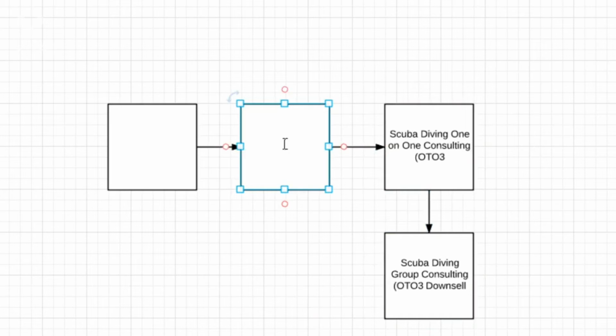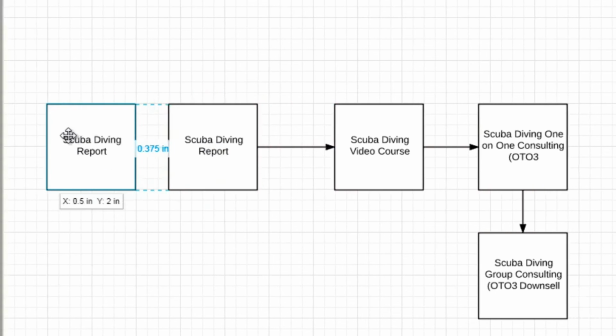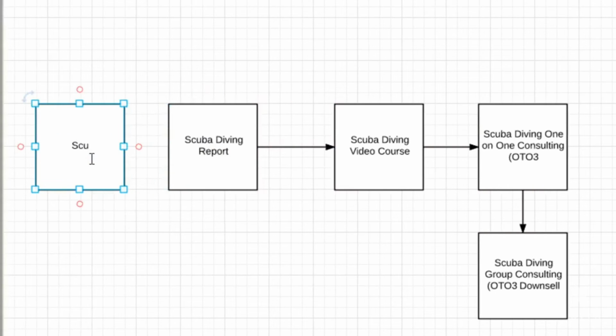you could use a video course. So that could be a scuba diving course, we'll say video course. And then if we take a snippet of the course over here, this could be a scuba diving report. And then we can move back again over here. And this could be something like a scuba diving checklist, like a diagnostic test or something.